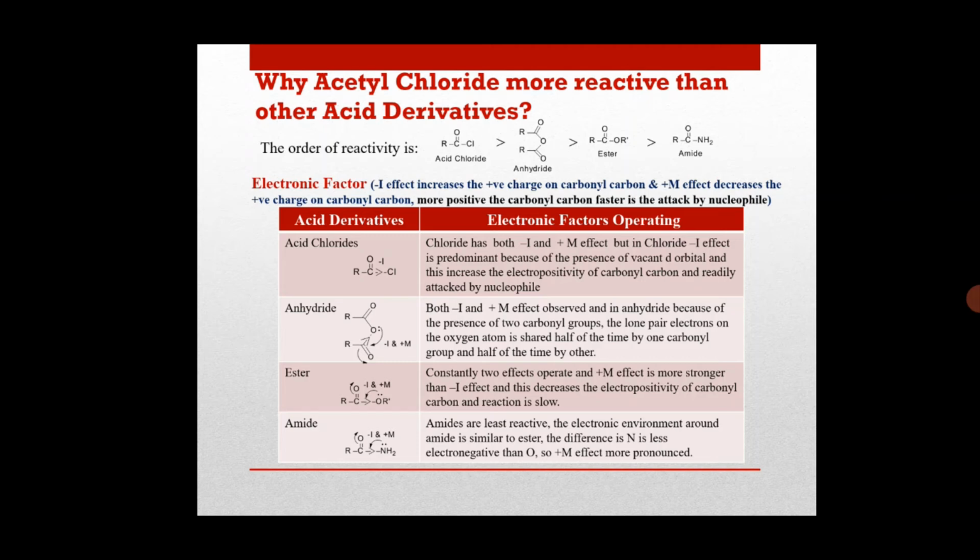So, +M effect is more pronounced here. Therefore, amides are least reactive in this series. So, taking into consideration all this electronic factor, the order of reactivity is acid chloride greater than anhydride, greater than ester, and greater than amide.